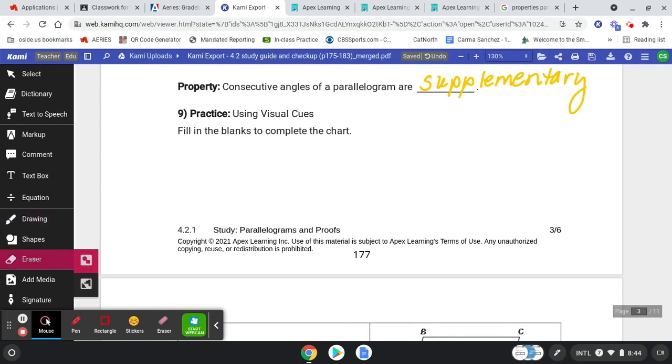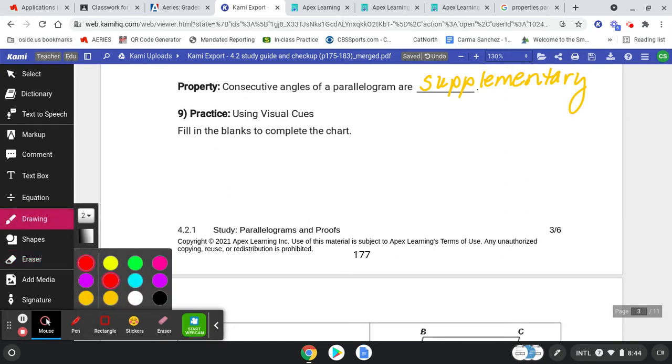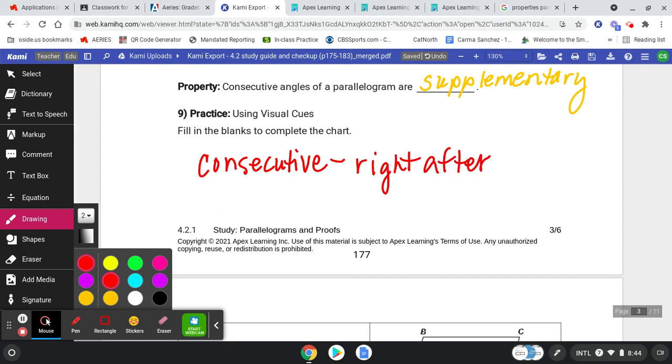So let's take a second to just write out consecutive. Consecutive means right after or the next thing, or right next to.